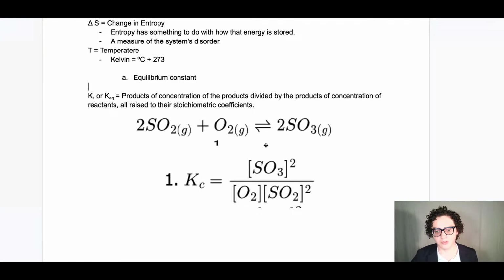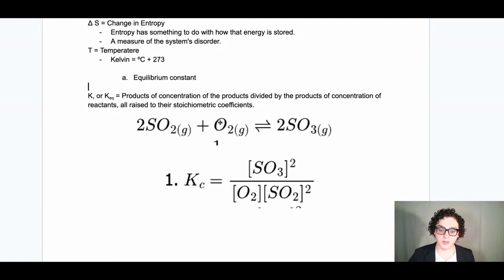When looking at a chemical reaction, you can find the stoichiometric coefficients by looking right before the molecule or atom. Here it is 2 SO2, 1 O2 equals 2 SO3.